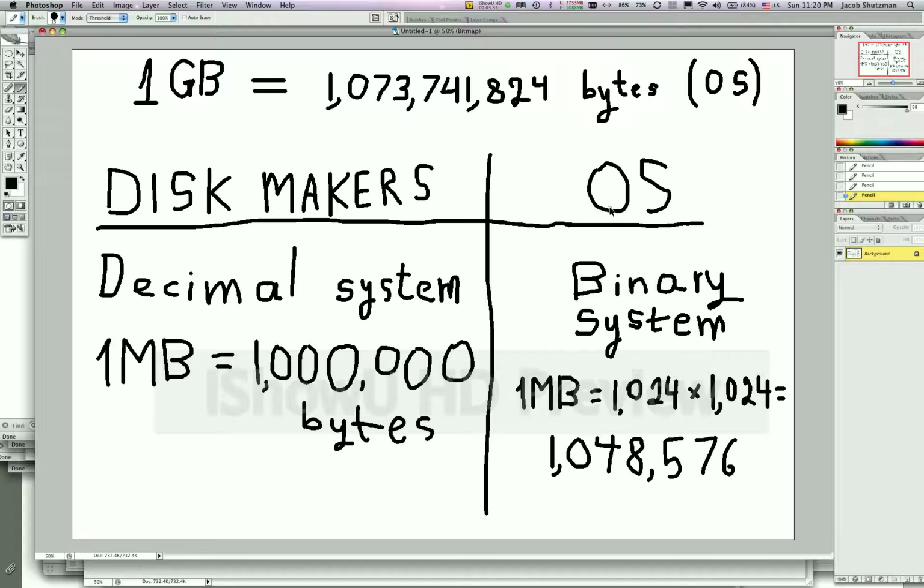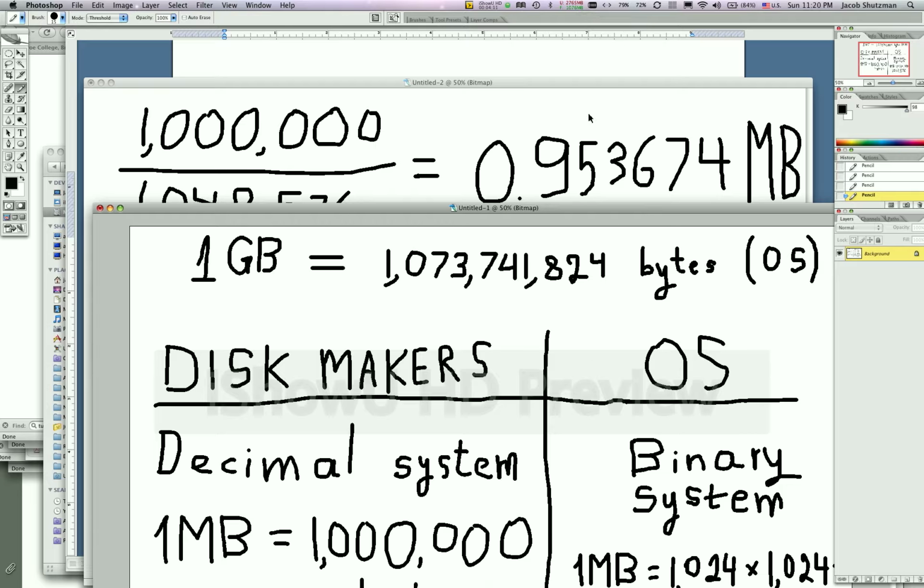So 1 megabyte, according to the disk makers, is 1,000,000 bytes. But according to the operating system of the computer, which knows binary, 1 megabyte would be 1024 times 1024, which gives a little bit more than 1,000,000. It gives 1,048,576. So when the disk maker tells you that you have a disk of 1 meg, you go on the computer and it tells you that you have less because it takes 1,000,000, divides it by 1,048,576 and gives you a smaller number.